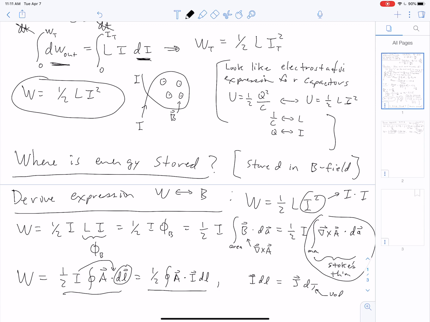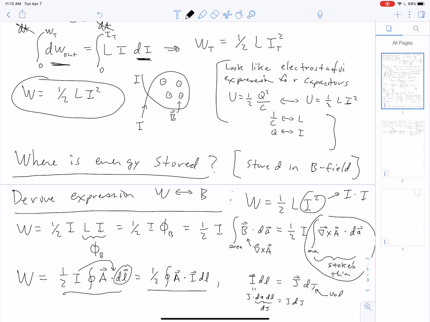And you guys remember how we did that, because what we see is that this is easy to derive, because you remember that I is just equal to J times dA, and so then we have dA times dl, and dA times dl is d tau, and so I dl equals J d tau.